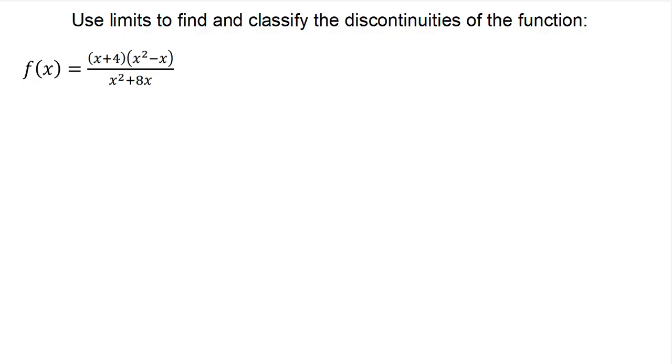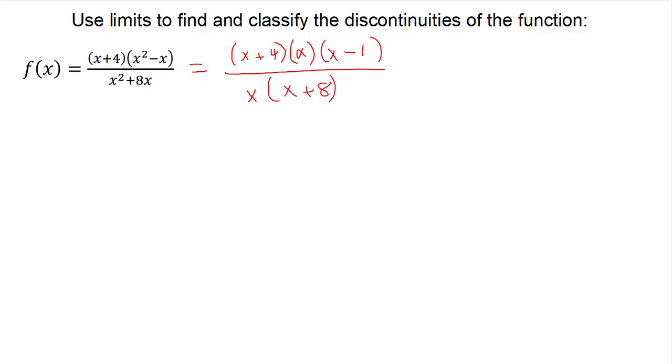All right, for our next one here, we'll just factor this all out. We might as well factor the x out of the numerator, even though it's not necessary for us to complete the problem. But we will factor the x out of the denominator and see that we have discontinuities at x equals 0 and x equals -8. So we'll do a limit as x approaches 0 of f of x.